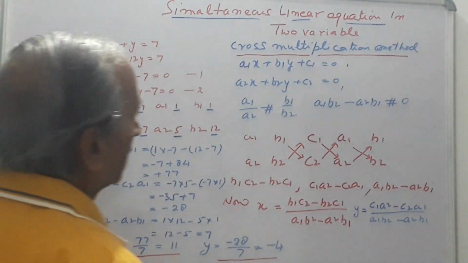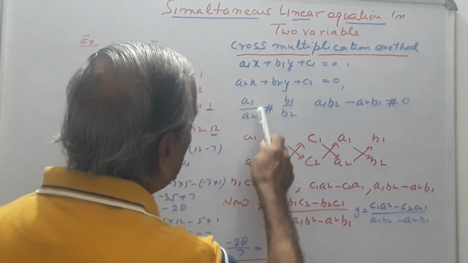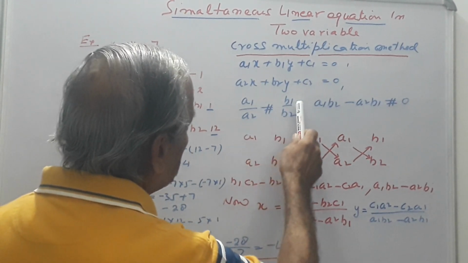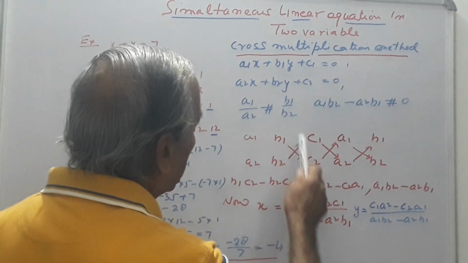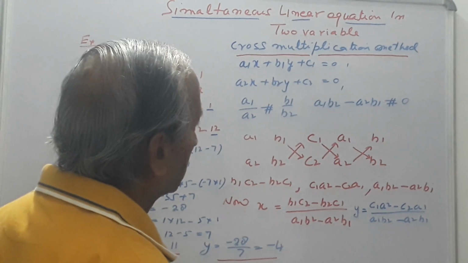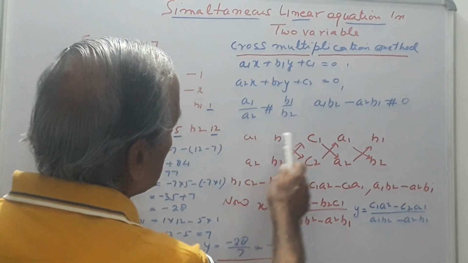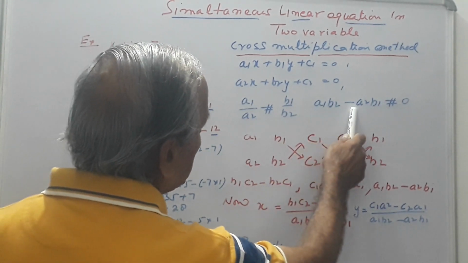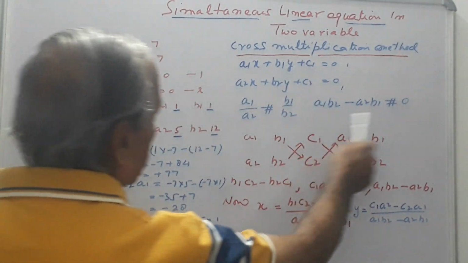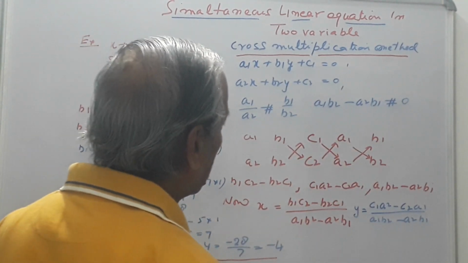And we know if a1 upon a2, that is the ratio of the coefficients of x, is not equal to b1 upon b2, the ratio of the coefficients of y, then the equation has a unique solution. So a1 b2 minus a2 b1 is not equal to 0. This is taken as a constant term.